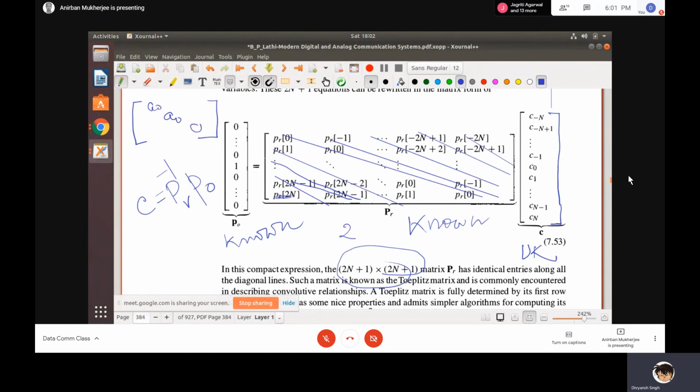A0, A0, A0. Say I have 3 cross here, like A1, A2, say A3, A3, A4, A1, A2. You see?